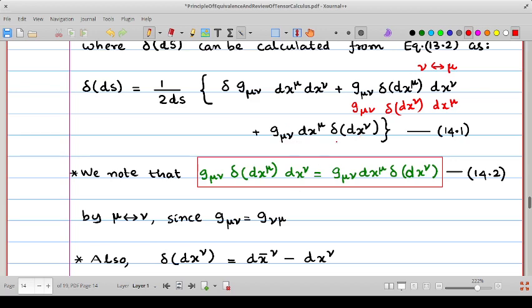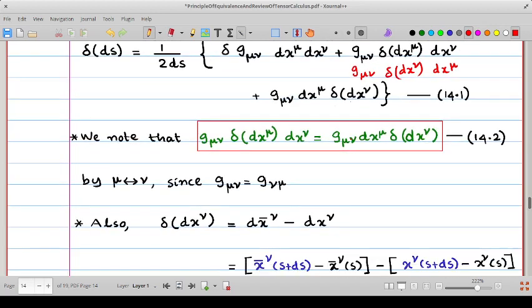Further, we can interchange this delta and d in this expression, and that is because of the following. Delta of dx nu is the change in dx nu because of the change in the coordinates, the variation in the coordinates that we are proposing. Now, what is dx nu? Dx nu corresponds to the coordinate difference between two very close points along that path, and the path is parameterized by say the interval s itself.